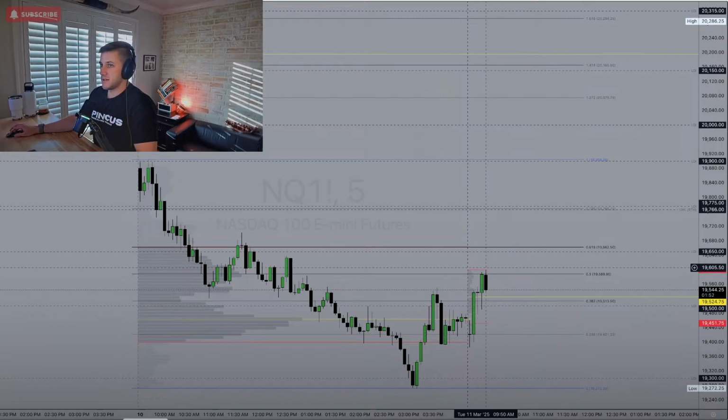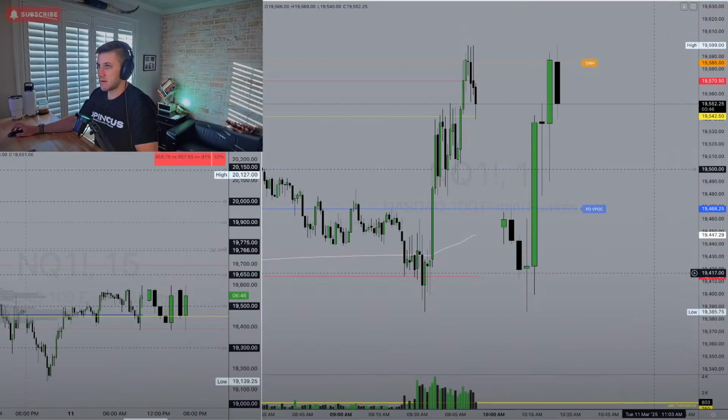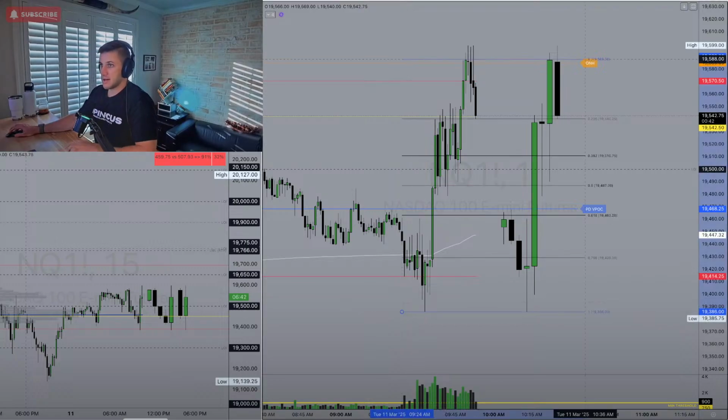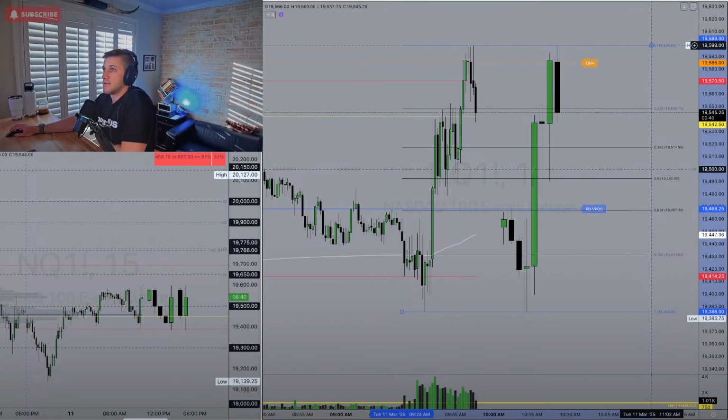So NQ into that fib sell zone from yesterday, from prior day high to prior day low, the fib. Let's see what kind of pullback we get intraday here.